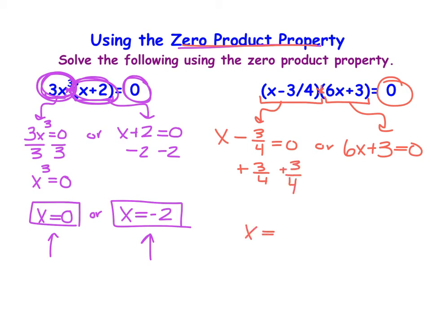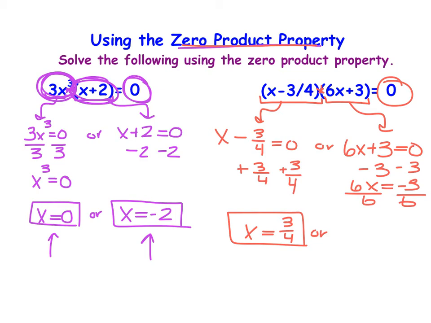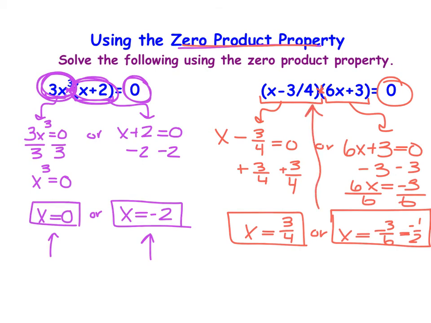So I have x could equal 3/4. Or I subtract 3. I get 6x is equal to negative 3. Divide by 6. Or my other option is that x equals negative 3 over 6, which I know is just a negative 1/2. So those are my two options for x that will make this equation true.